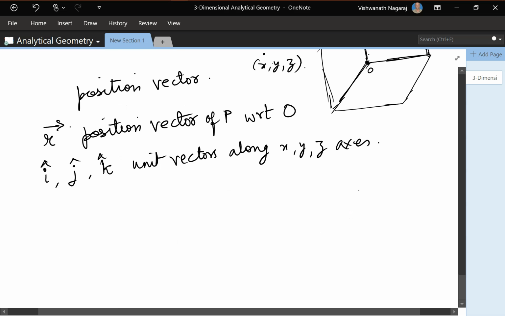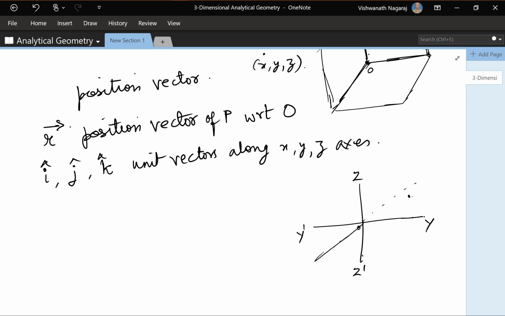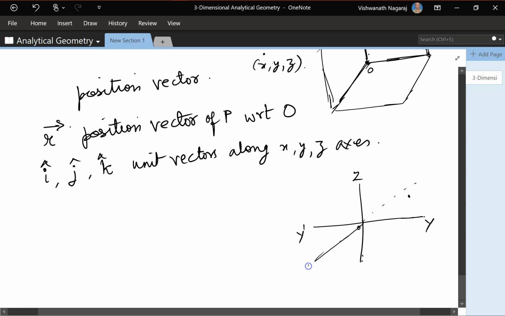So something like this. Let's say this is Z, Z prime. Let's say this is origin. So this is Y, Y prime. Now there is a point here. It is in front, right? So this is X prime and this is X. So this is origin.